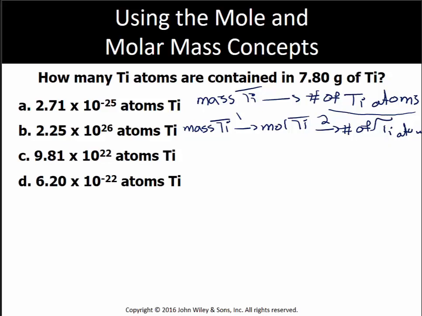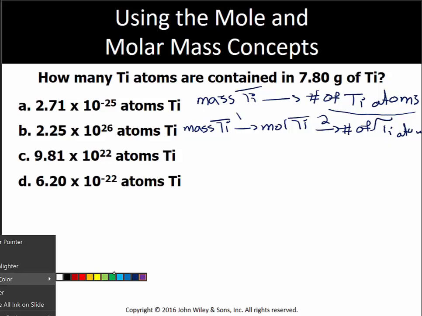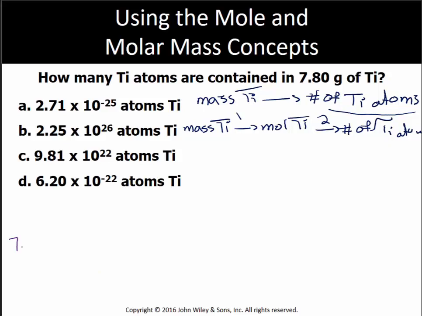So let's start. Mass of titanium is given to you, which is 7.80 grams of titanium. Now, in order to convert to moles of titanium, I need the molar mass of titanium.